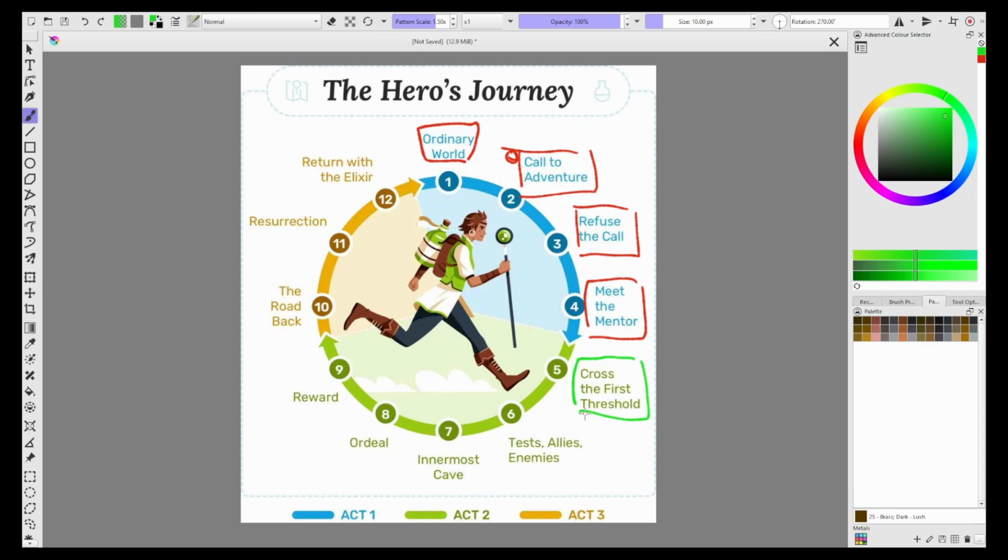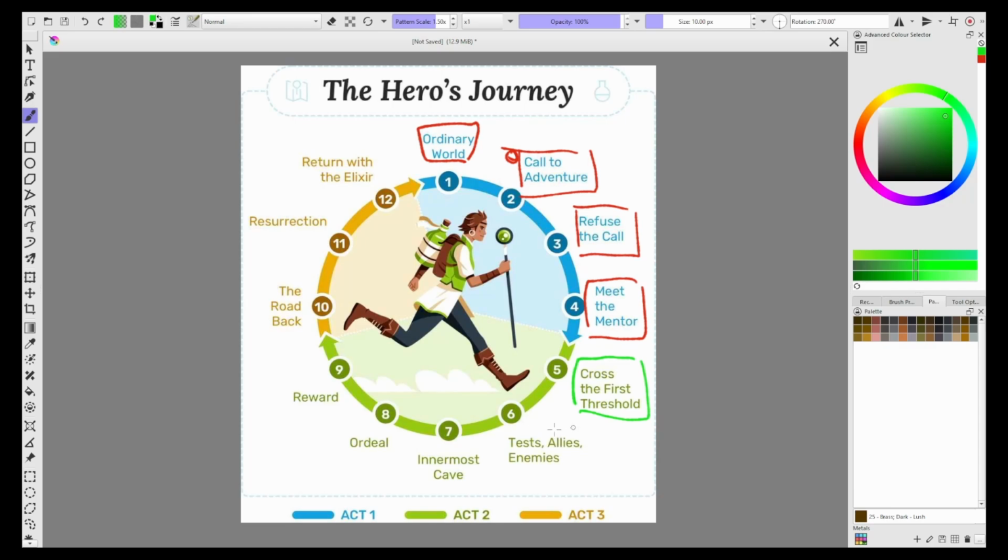And then this first beat in Act 2 is basically their reaction to that, their preparation and that first step that they take. So this is where they will basically cross that threshold, literally walk through that doorway, leave the old world behind, and start on their journey in earnest.